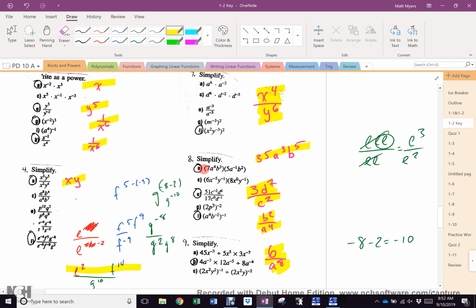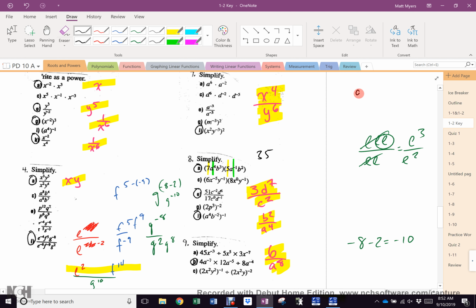8A. This guy right here? Yep. So, numbers with numbers. 7 and 5 gets me 35. Done. Letters with letters. A and A. Now, a to the 4th, a to the minus 1.